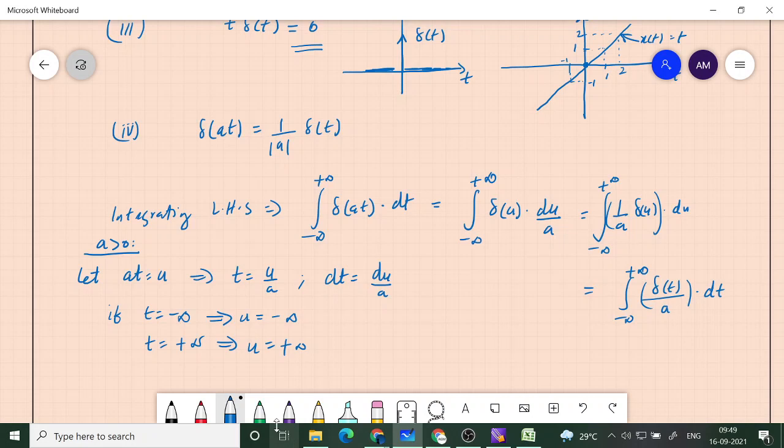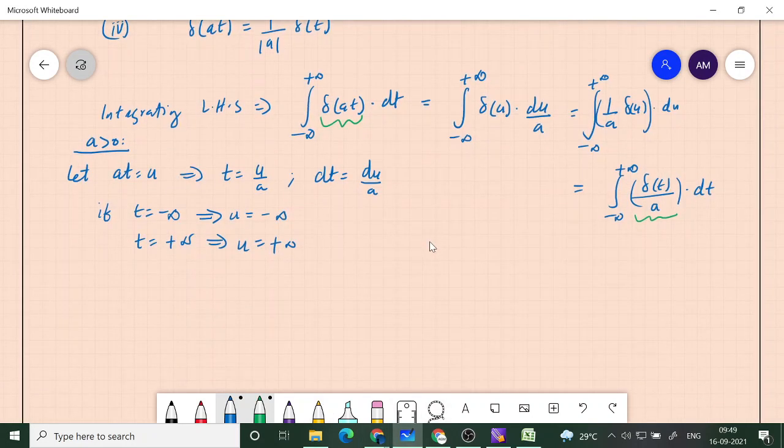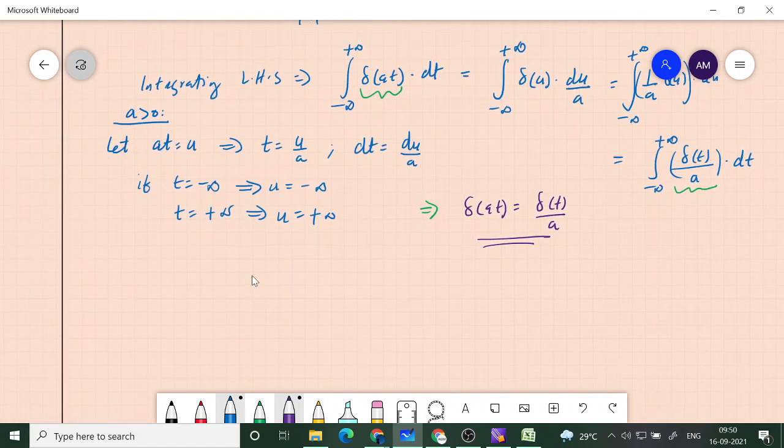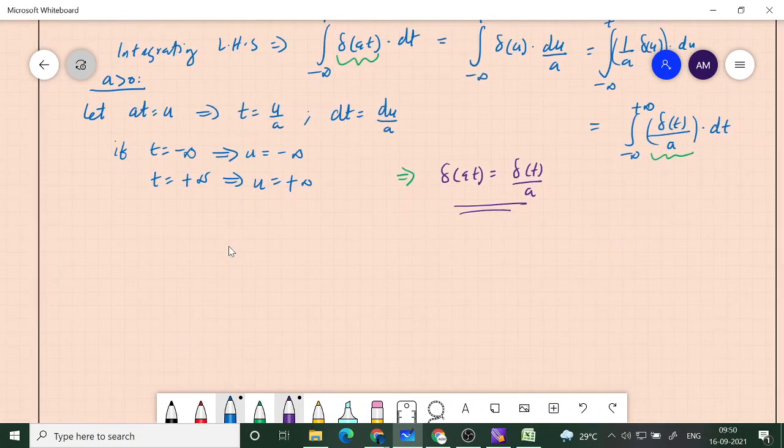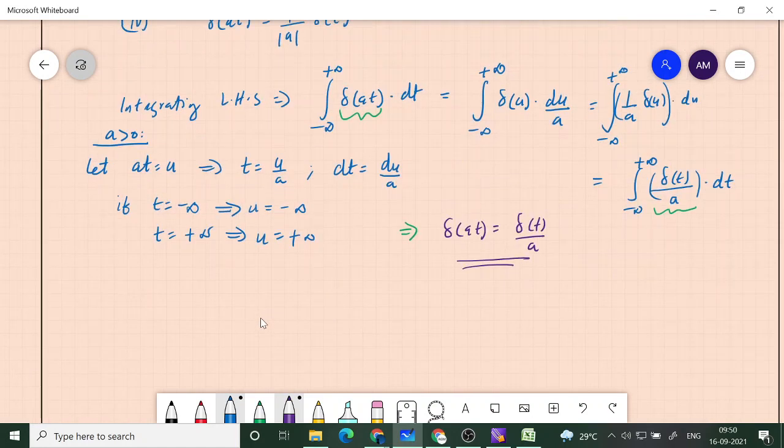Now if I compare this quantity, the only difference is here. So therefore I can say that when a is positive, what we got is that delta of at is equal to delta of t by a. That is part 1, only part 1 because we have restricted a to be positive. So let me call this part 1 of the proof.